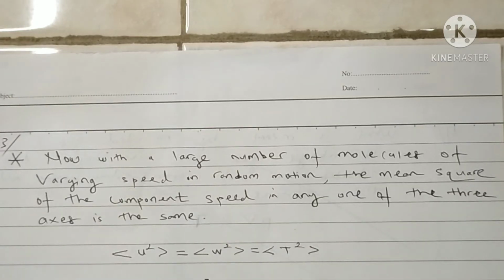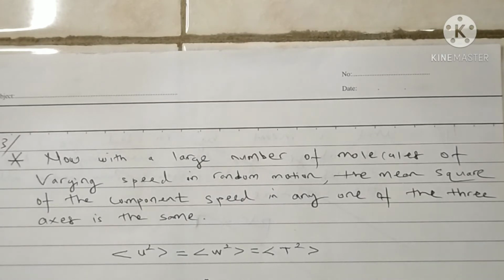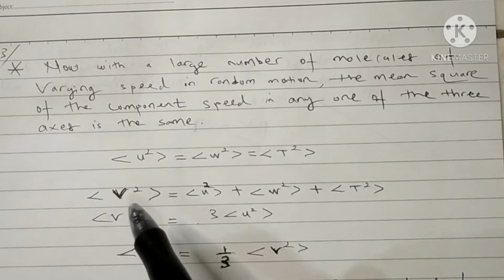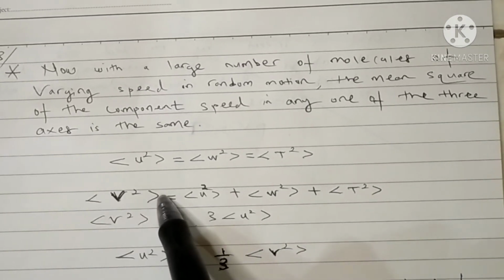Now with a large number of molecules of varying speed in random motion, the mean square of the component speed in any one of the three axes is the same. So the mean square speed of u equals that of w equals that of t. This is the symbol of mean square speed.